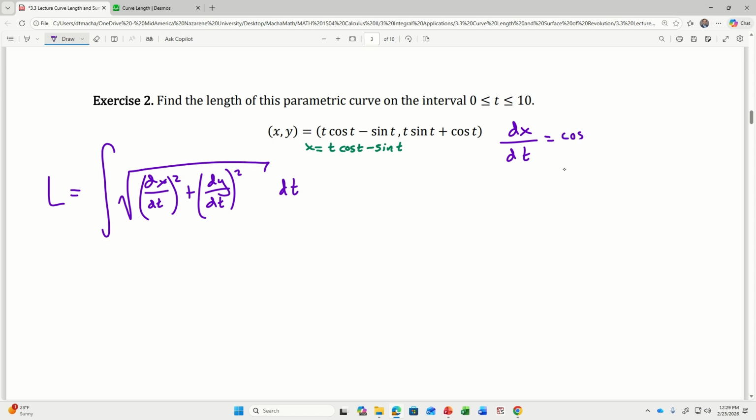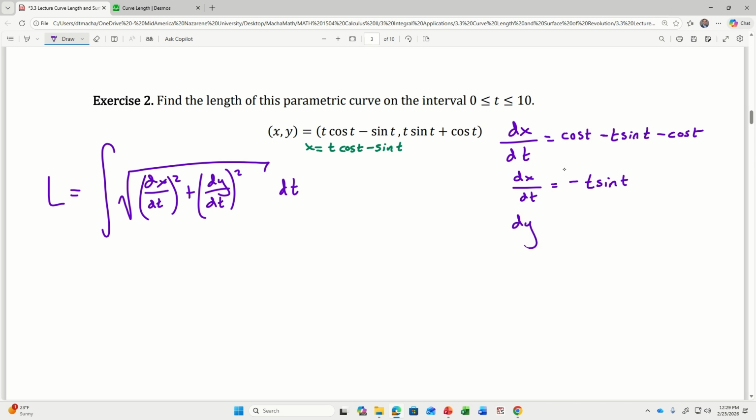You got cosine t plus t, oh sorry, you're right, it was minus, because the derivative of cosine is negative sine, so minus t sine t. But then don't forget about the last minus sine t, because the derivative of sine is cosine. So actually, dx/dt is just negative t sine t.